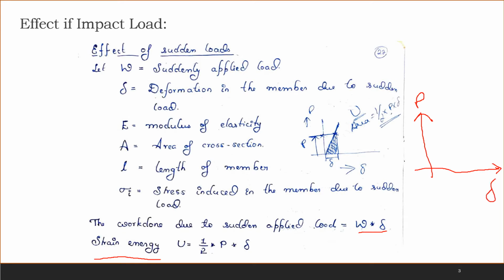For our case, when the load falls on the body, from zero load to the maximum deflection of delta, if you draw the sketch, this much is the load that is acting, P, and the deformation of the body is delta.